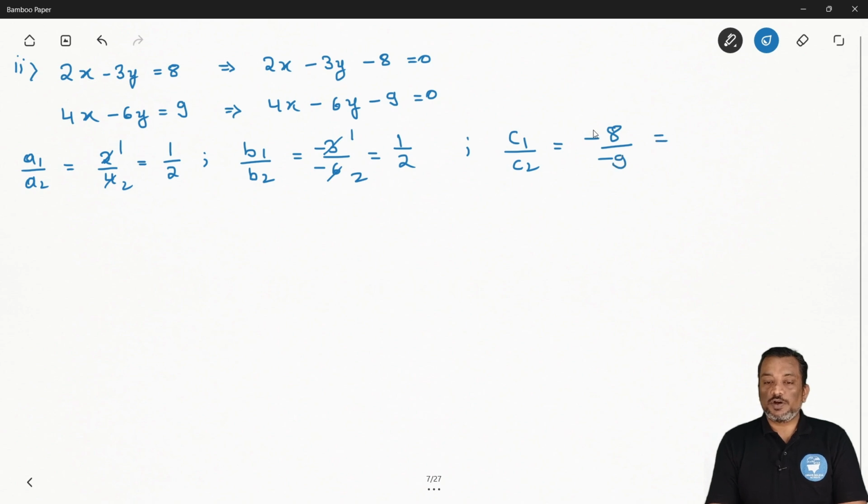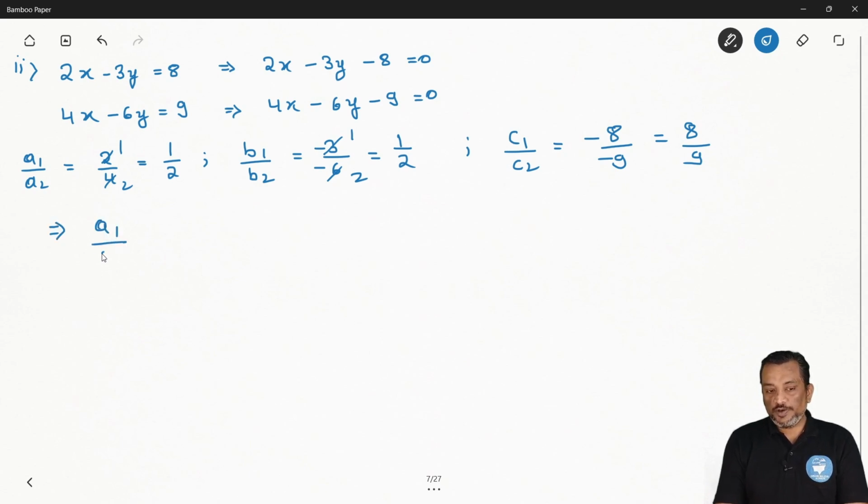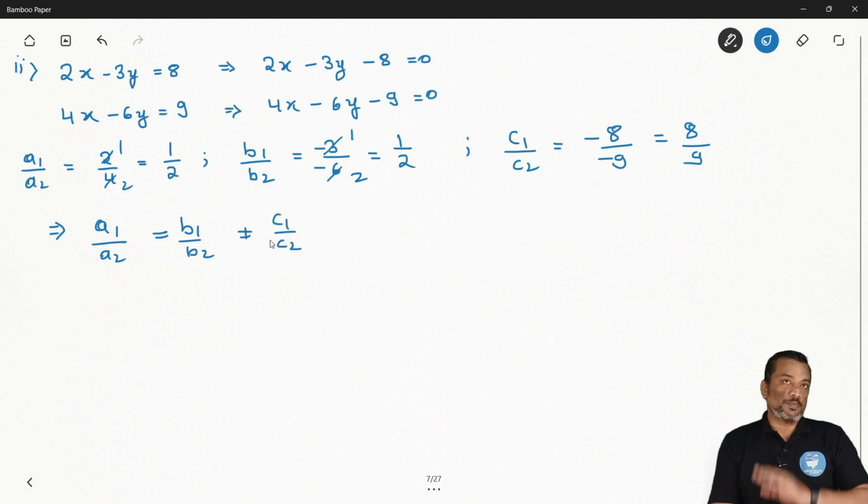So minus minus cancel, so 8 over 9. Now we can write here a1 over a2 is equal to b1 over b2 and not equal to c1 over c2. तो आपको याद होगा हमने जस्ट पहले लिखा था.